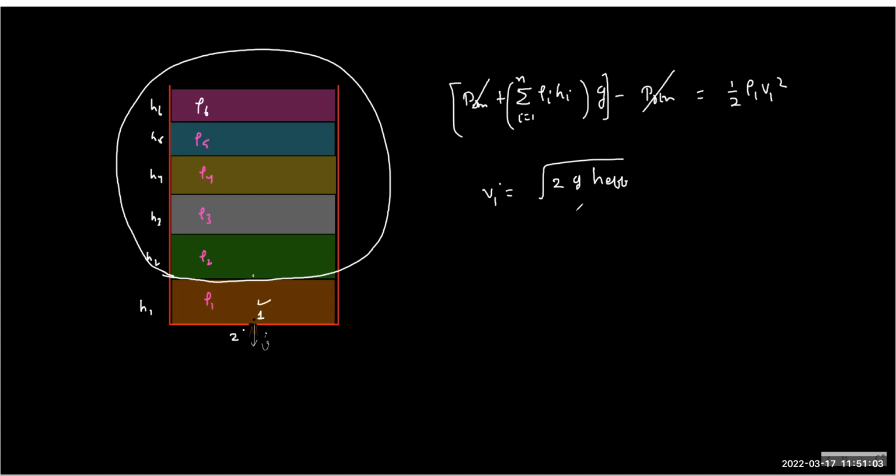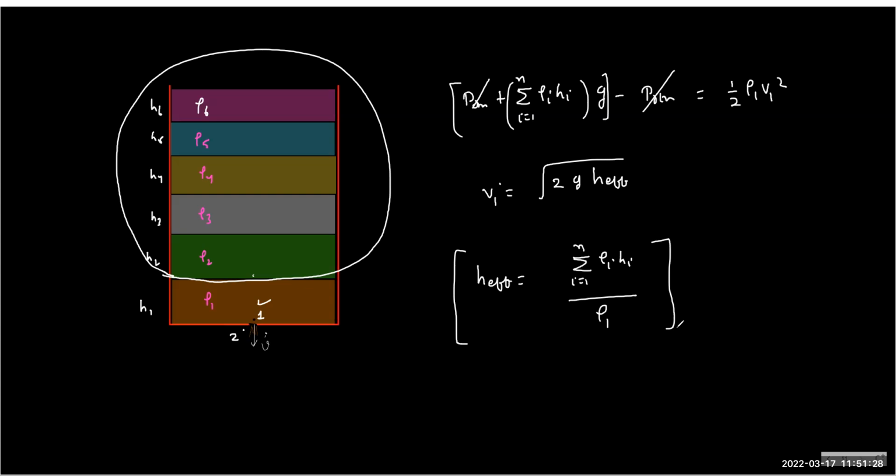So what is the H effective? Can you calculate the H effective? That's a very interesting calculation. H effective is the summation of rho i Hi, i equals 1 to all values, upon rho 1. This is called H effective. If liquid 1 is coming out, then H effective will be divided by rho 1.